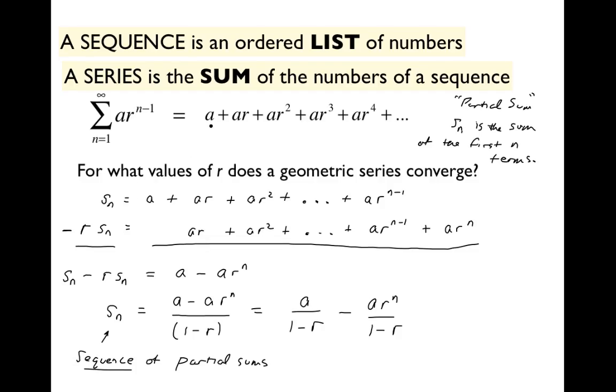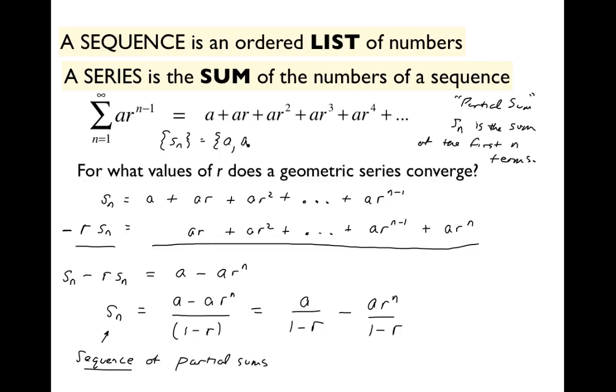S1 would just be a in the sequence, right? So if I make this a sequence, like this, it would be what? a, comma, what would be the second term of the sequence? Careful. You had a WeBWorK problem like this. Is it ar? What is the second term of this sequence of partial sums?